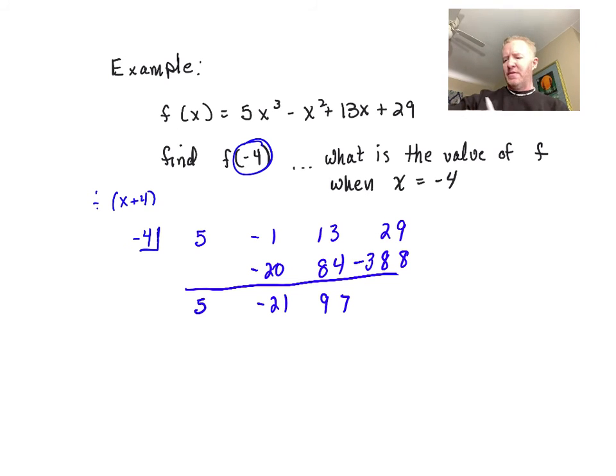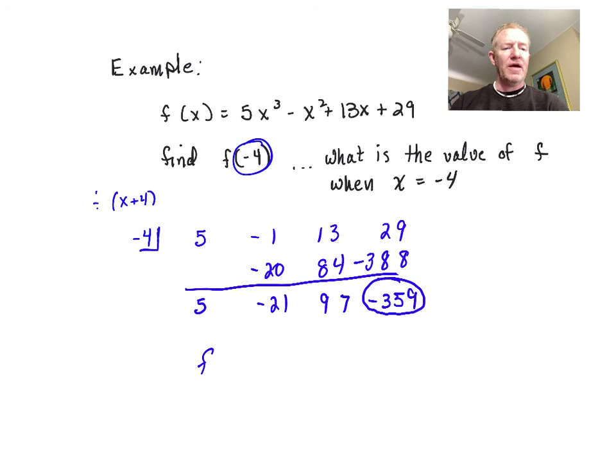And then I gotta do 388, negative 388, minus that 29, or reverse that. Looks like I get negative 359. Pretty big number, but that's all I want. I just want that remainder.